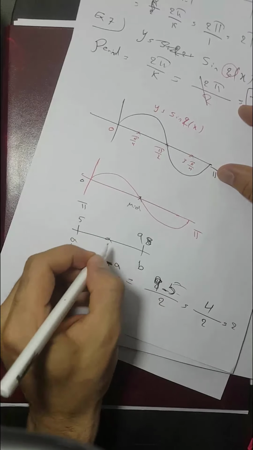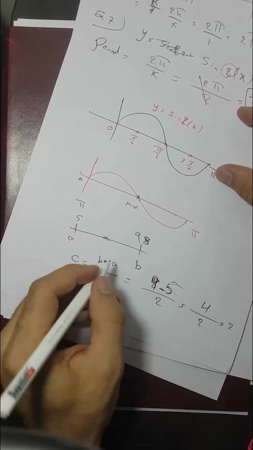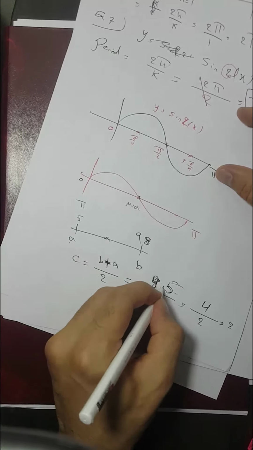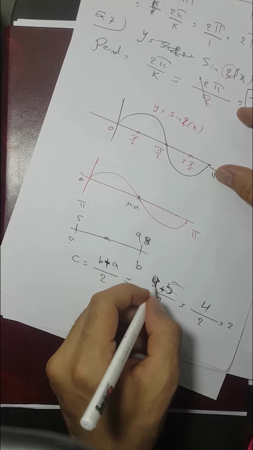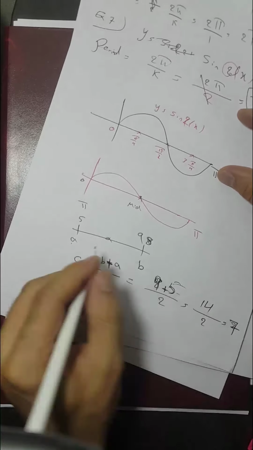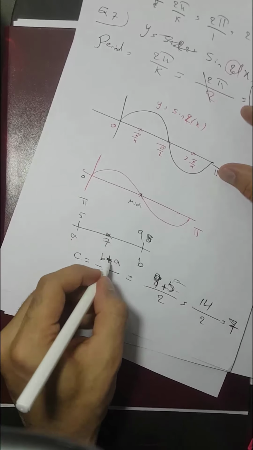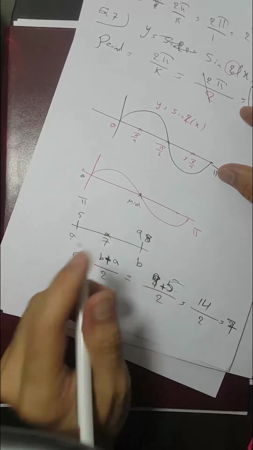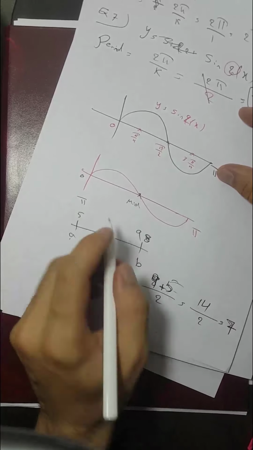Or you can add, which is better. So I get 14 over 2, which is equal to 7. Here is equal to 7. So change it into addition to get exactly the number without subtracting.